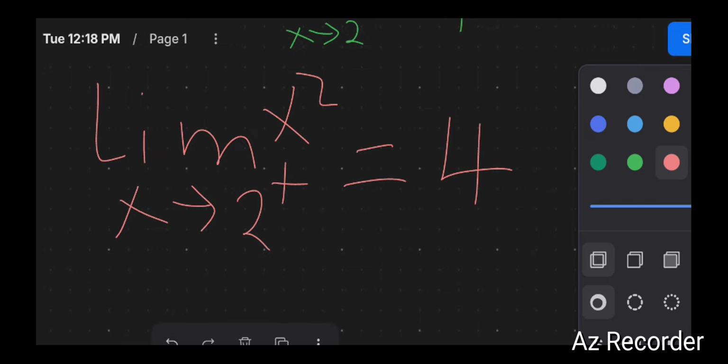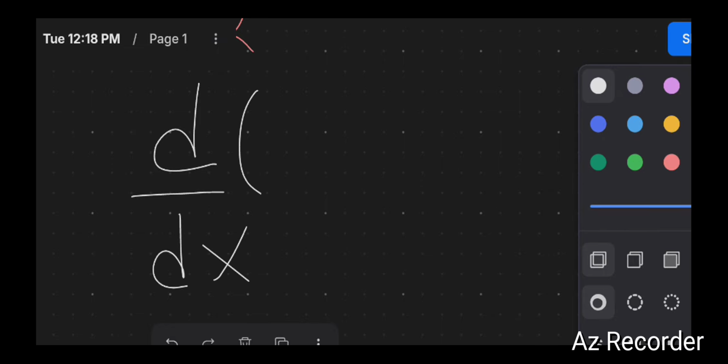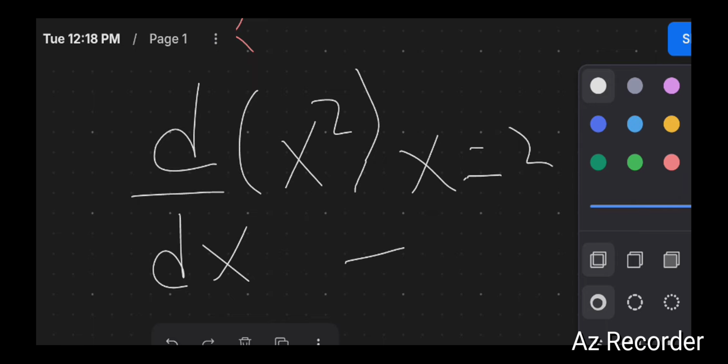Is that okay? Now, since the limit of this particular function f of x equals x squared is 4 as we approach 2 from the right and from the left, this tells us that the derivative of this function, now let's write that on the board, d/dx of the function x squared at x equals 2 is equal to 4.